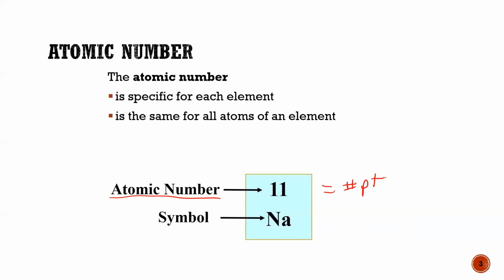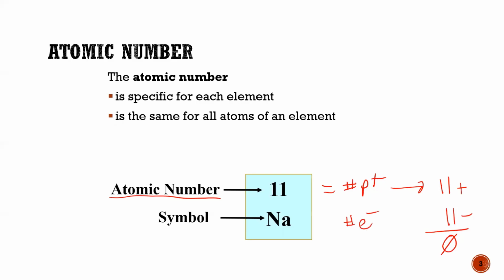Now, we also talked about last time that these atoms are neutral. So if I have 11 positive charges, due to the protons, well, to make the overall atom have a 0 charge, I have to have 11 negatives. So for every neutral atom, the number of protons is equal to the number of electrons.